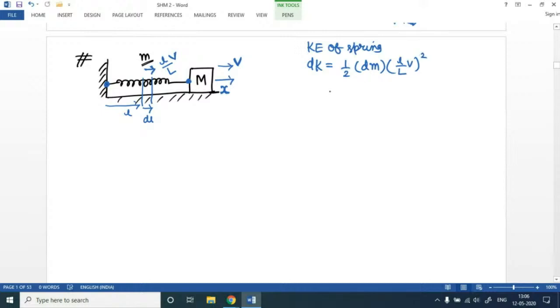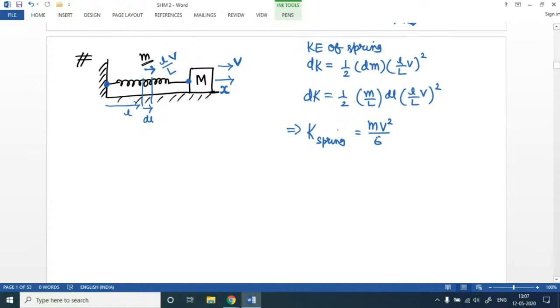And dm, the mass of this small element, would be mass per unit length, m by capital L, multiplied with dl. So this is dK. When you integrate it over the whole length of the spring, the kinetic energy of the spring you get is nothing but m v square by 6.